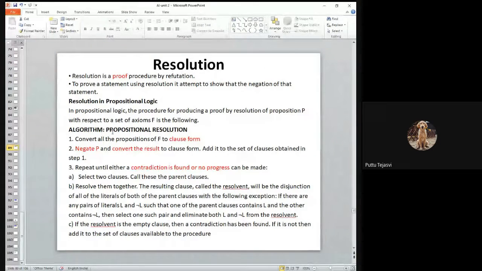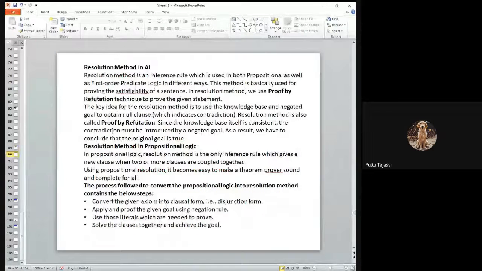So in the resolution method in AI, we have one technique. That technique is proof by refutation. Proof by refutation, this is a very important 2 mark question. The key idea of the resolution method is to use the knowledge base and negate the goal.